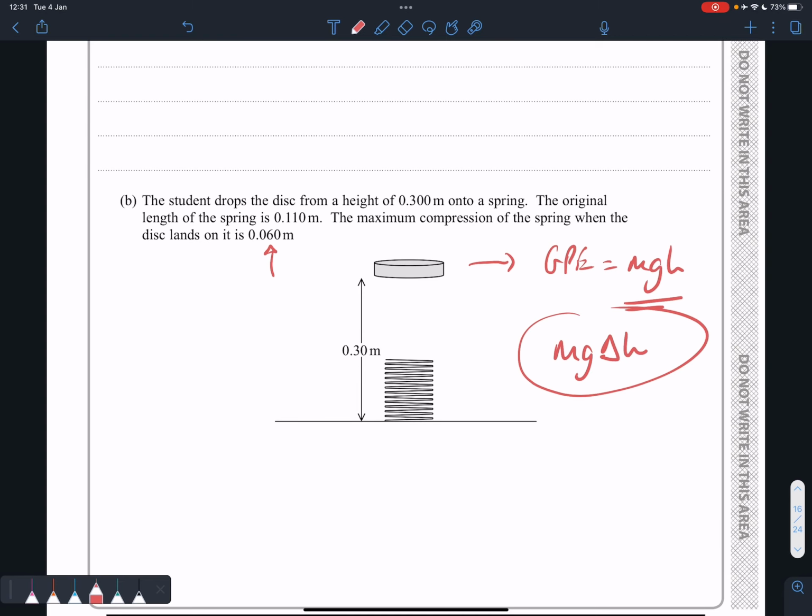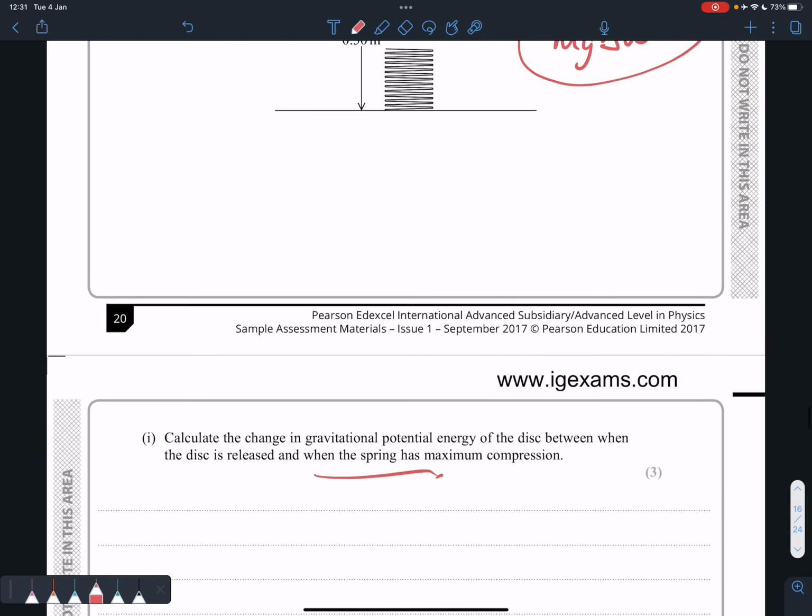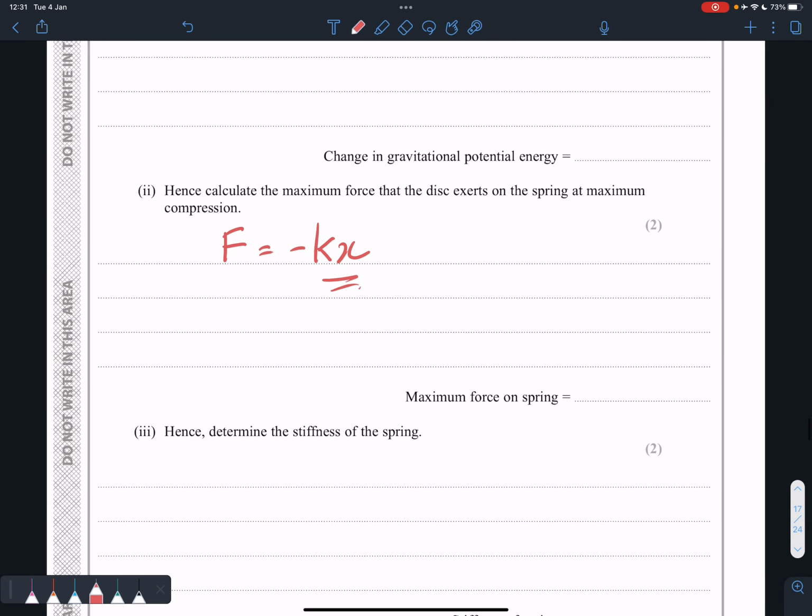If you know the relationship with the elastic energy, which you probably know in your exam formulas, it's basically the force times the distance.